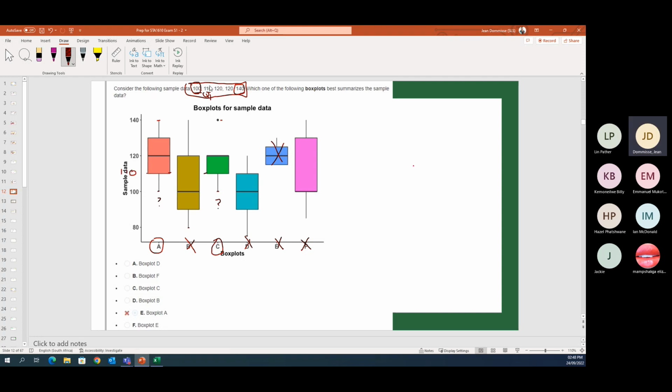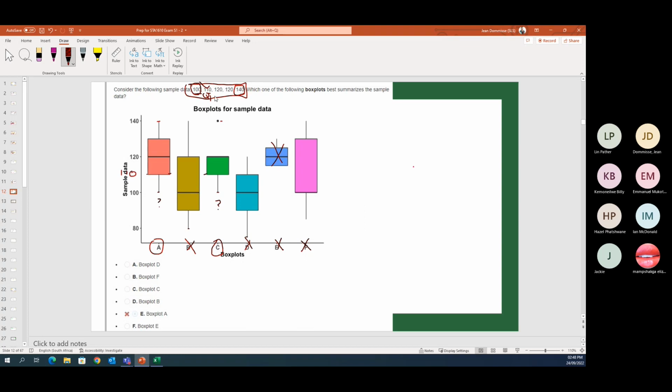So Q1 is also right. Q2 is your median as well. That seems correct. That also seems correct. So nothing wrong yet. Okay, so what is your Q3?